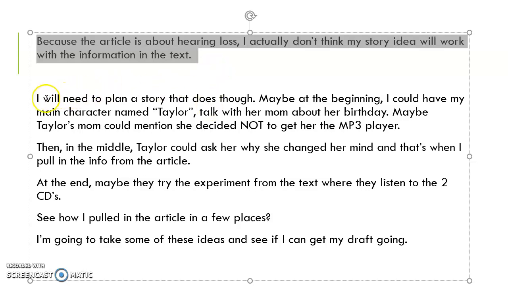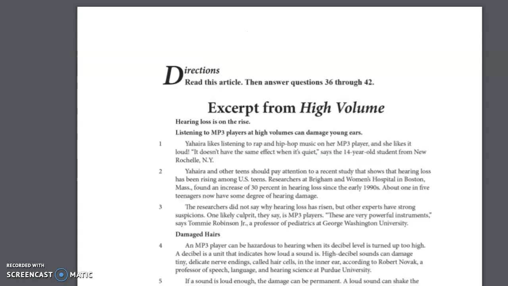Okay, so let me think through the beginning and the middle and the end of my story. I'm thinking I could have my main character, Taylor, talk with her mom about her birthday. And maybe Taylor's mom mentions that she decided not to get her the MP3 player. And then in the middle of the story, Taylor could ask her why she changed her mind. And that's when I can pull some information from my text.